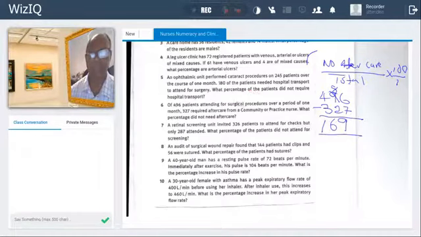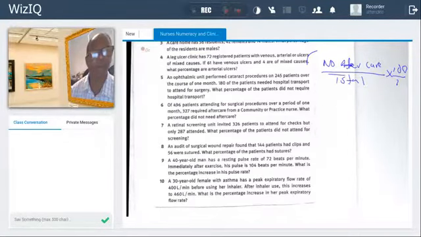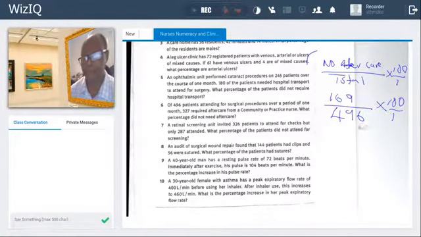So then we are going to put this number into our formula at the top. So we have 169 divided by the total. The total is 496, and then you multiply by 100. Okay, so let's see if there's any number that can go in.